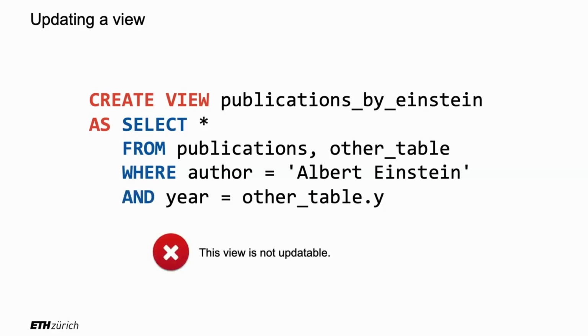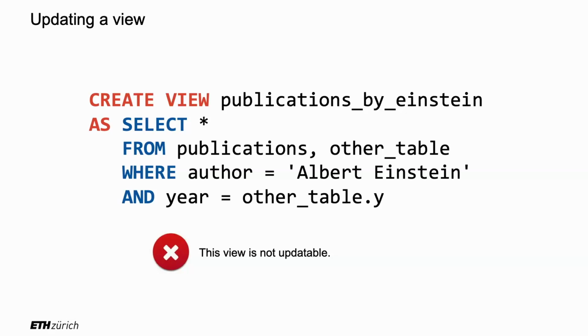This is an example where it does not work. For example, you have a view that is not just a selection from a table, but something more complex, like a join of two tables. And now you try to insert a tuple into the join. The problem is that when you have a join between two tables, it has some functional dependencies, because it was a join. So a joined table has a specific pattern in it.